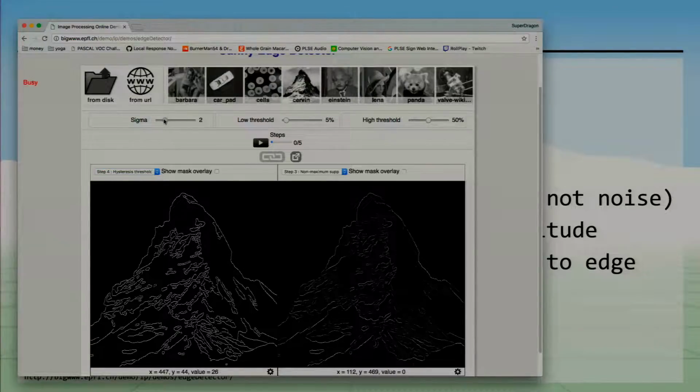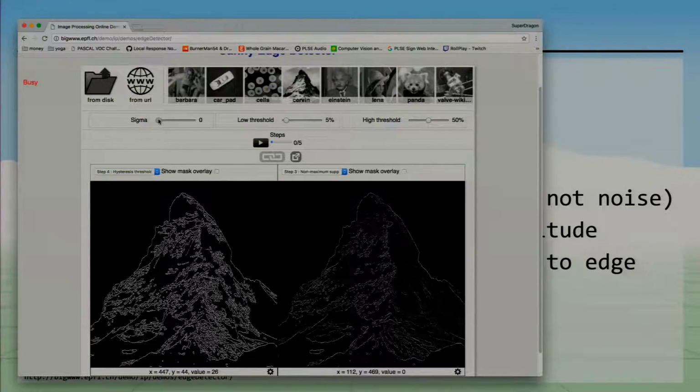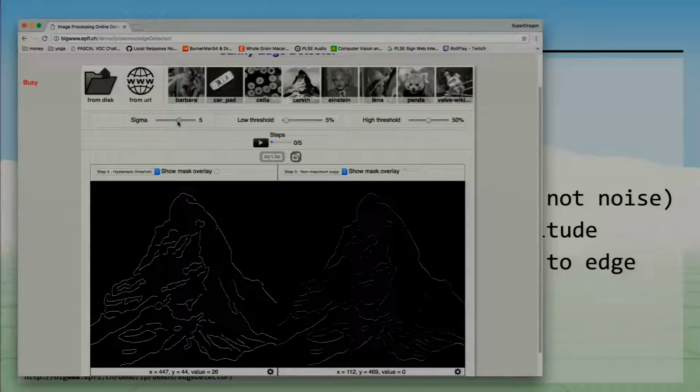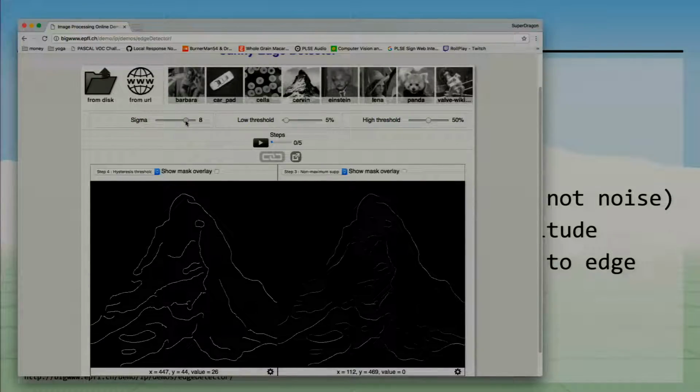And in particular, we can say, OK, when we set our sigma to be really low, we have a lot more of this fine detail, but as you guys mentioned, a lot more noisy edges that come through. And as we increase this sigma more and more, we only get some of these really big edges in the scene, some of these components that correspond to low frequency changes in the image.